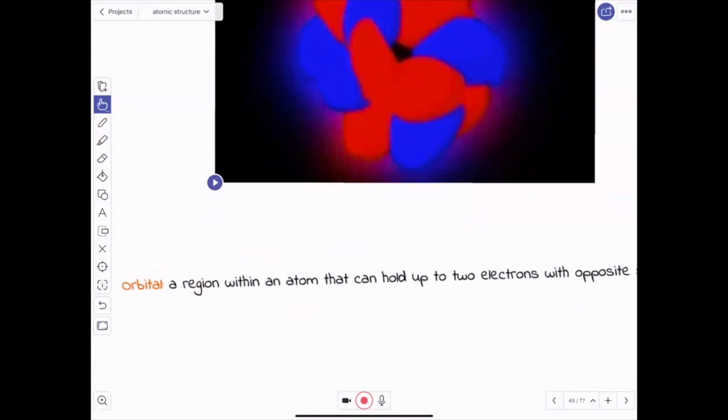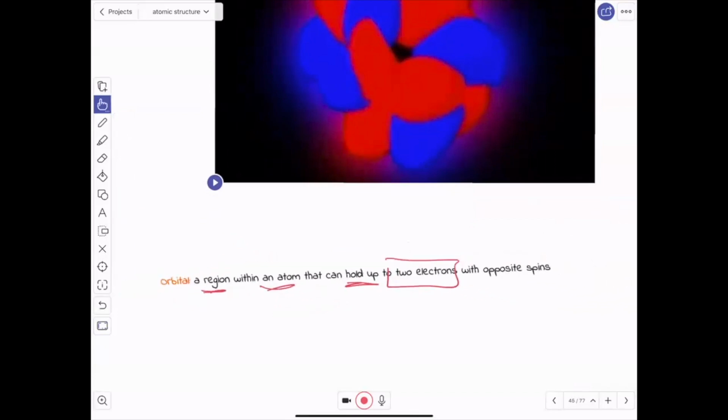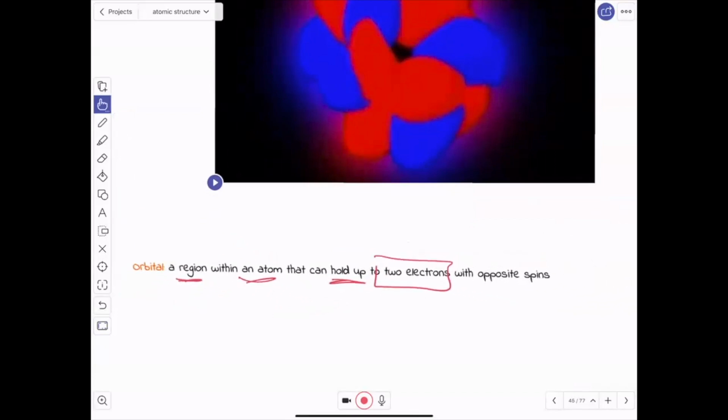An orbital is a region inside an atom, somewhere around the nucleus, that holds up 2 electrons. And these electrons that are held up around the nucleus are in opposite spin.